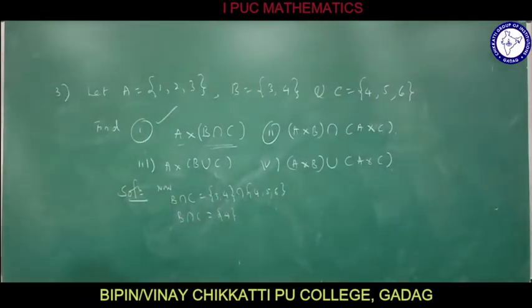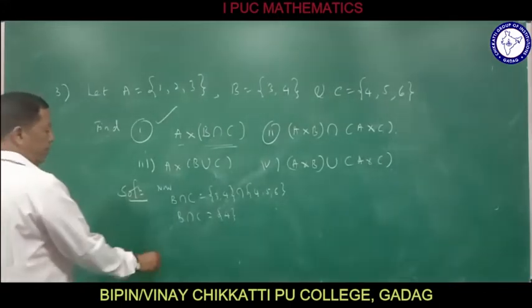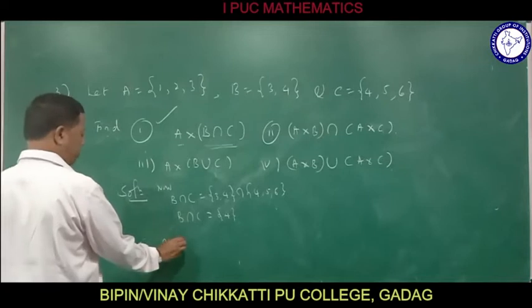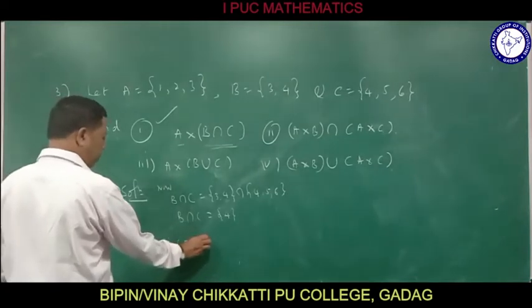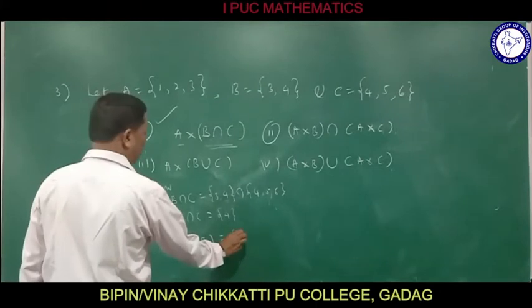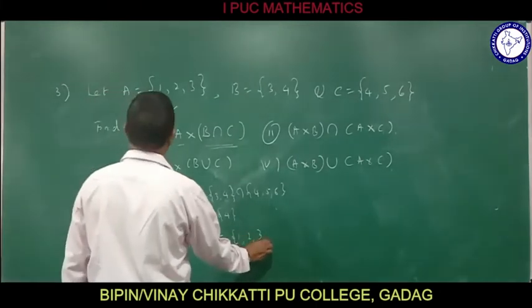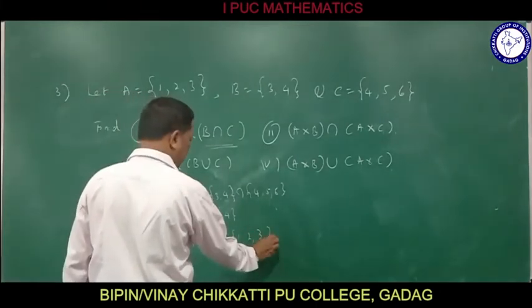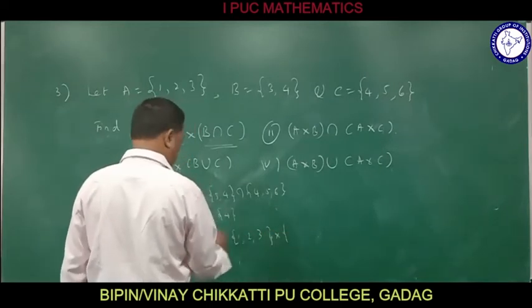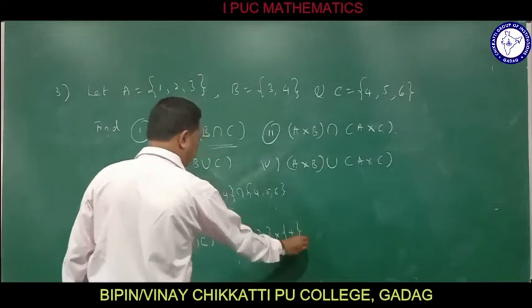So the question is A cross (B intersection C). A is {1, 2, 3}, and B intersection C is nothing but {4}.